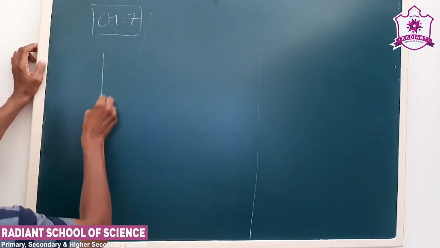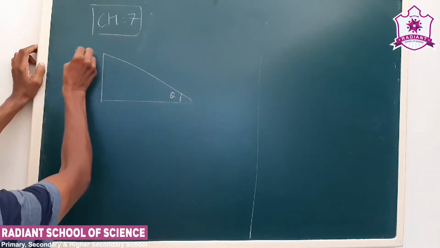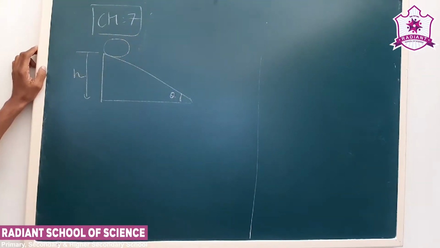Now see, for a rigid body rolling without sliding, let us say h is the height of the slope.